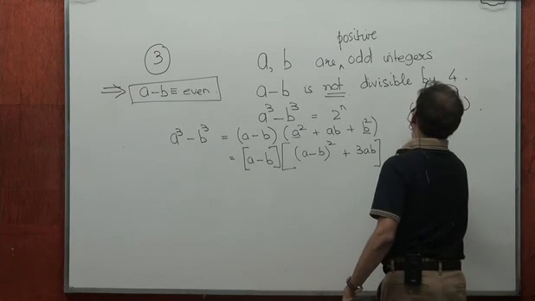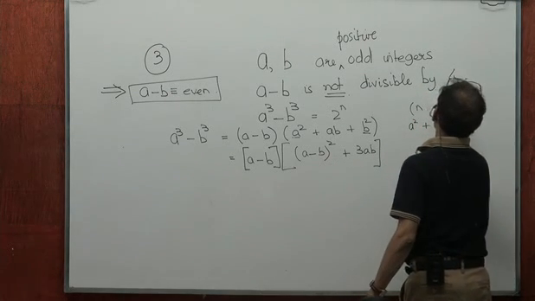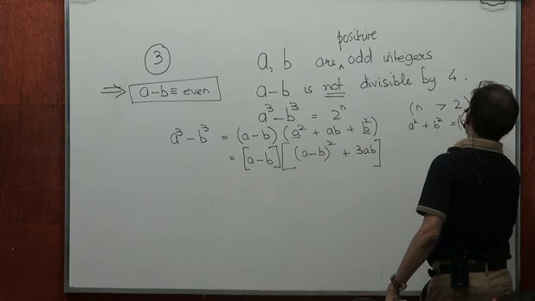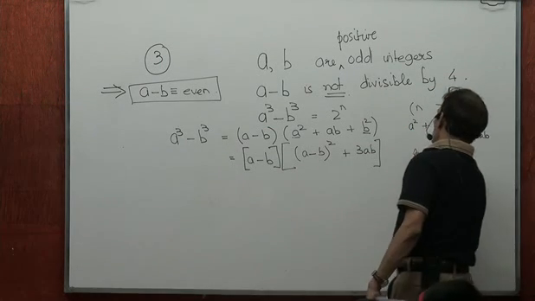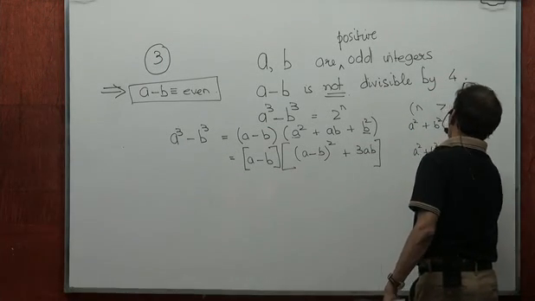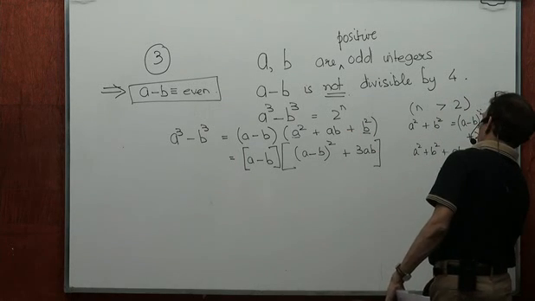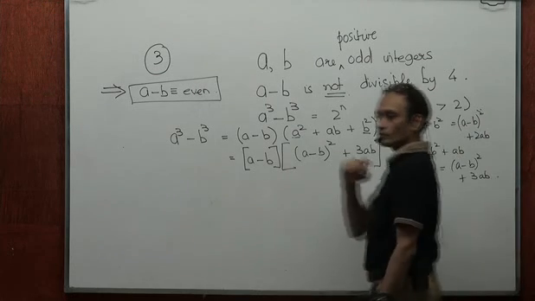Yes or no? So A squared plus B squared plus AB, which is the other factor, is (A minus B) whole squared plus 3AB, right?